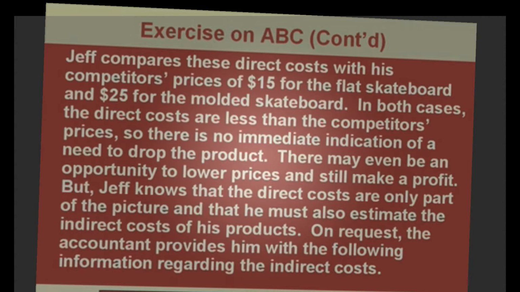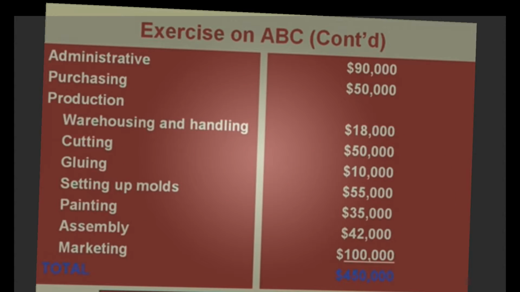Read this, then print it out. Here's the information on overhead. The total overhead broken down by function or activity is 450,000. The breakdown is given to you. This is part of the problem. Print this out.